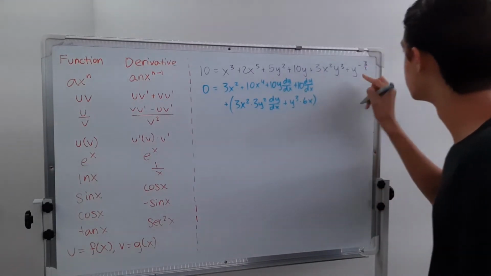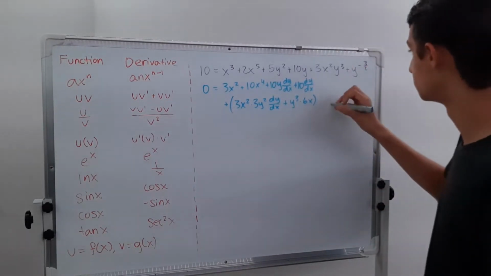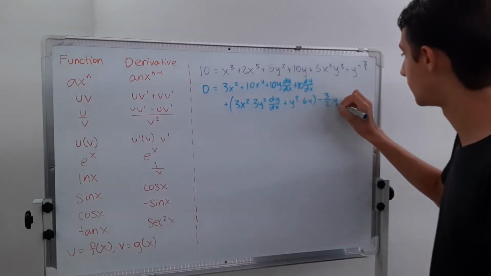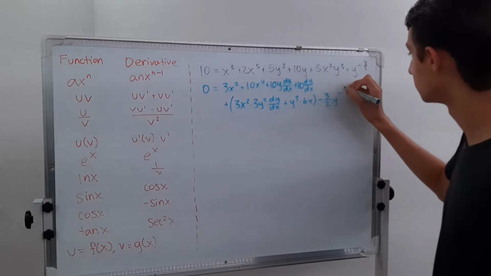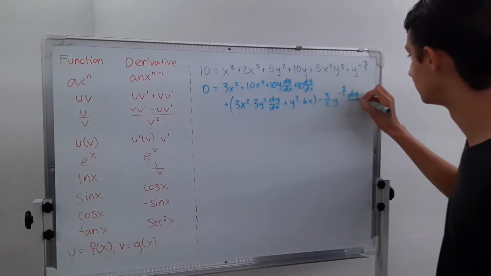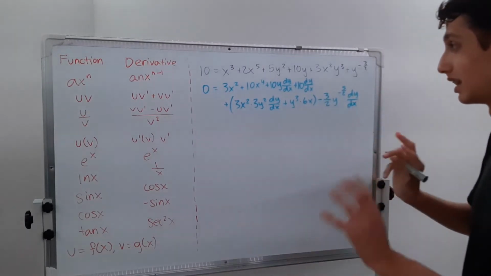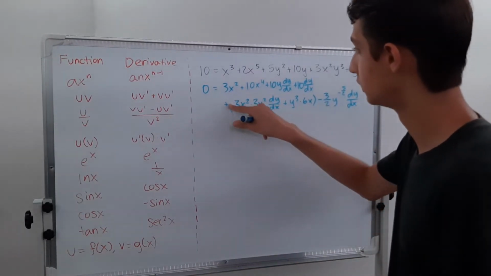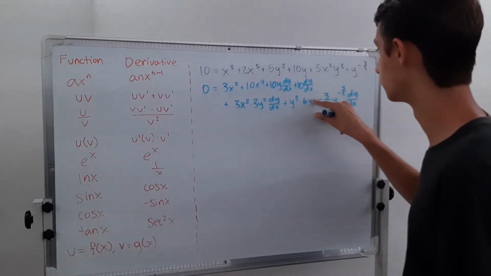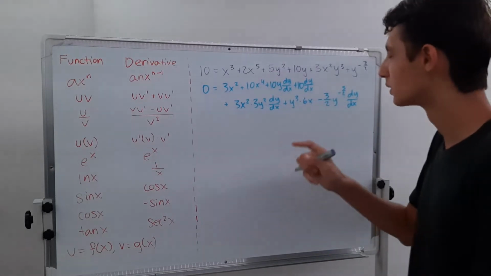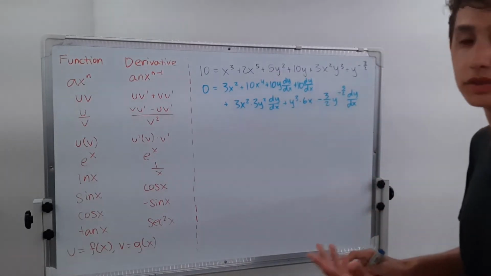And then plus y to the negative 3 halves power minus 3 halves y to the negative 5 halves power dy dx. A lot of dy dx's, but now I'm just going to remove these parentheses because we don't need them there, okay? So now what we do is we solve for dy dx.